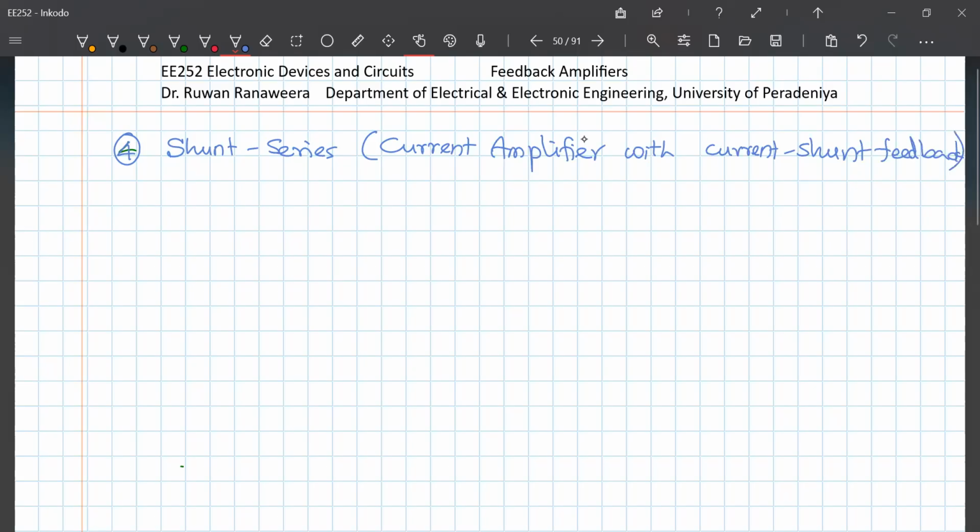Okay, so what do we have here? Again, you have the current amplifier. Current amplifier has an input impedance and a current source as the output. So this is my original current amplifier.